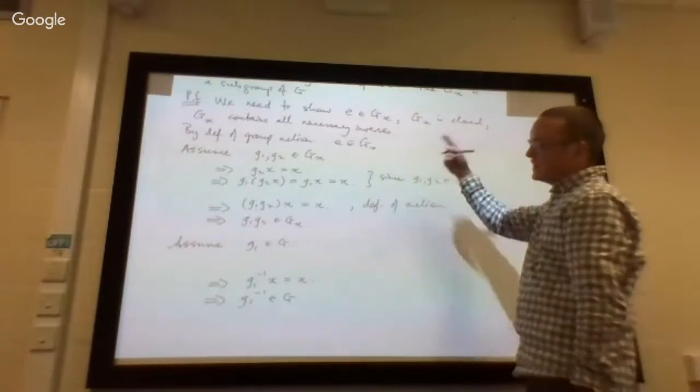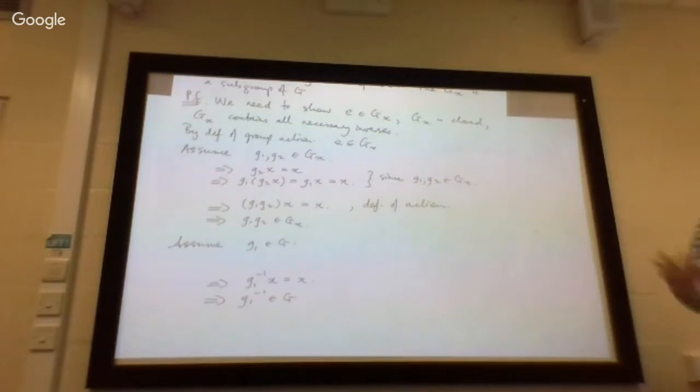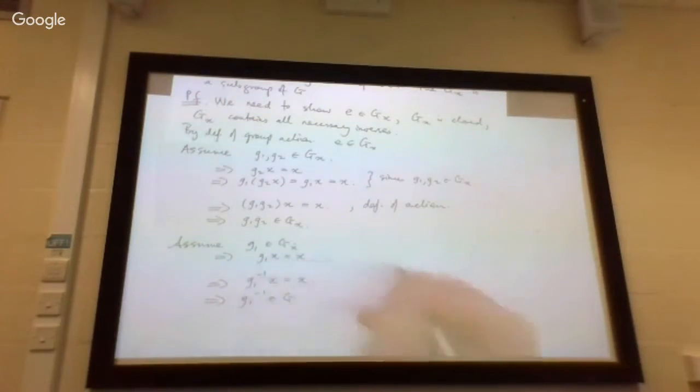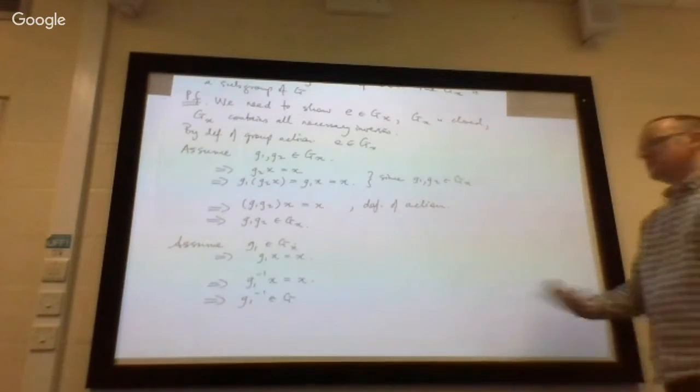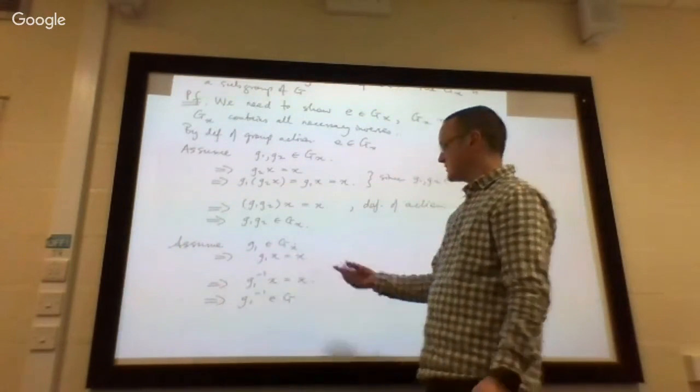Well, we kind of proved that already when we were proving the reflexivity of this relation. We all remember we had gx equals y, and then you could say x equals g inverse of y. So if G1 is in the stabilizer G sub x, that means gx equals x. Well, that implies G1 inverse times x equals x.